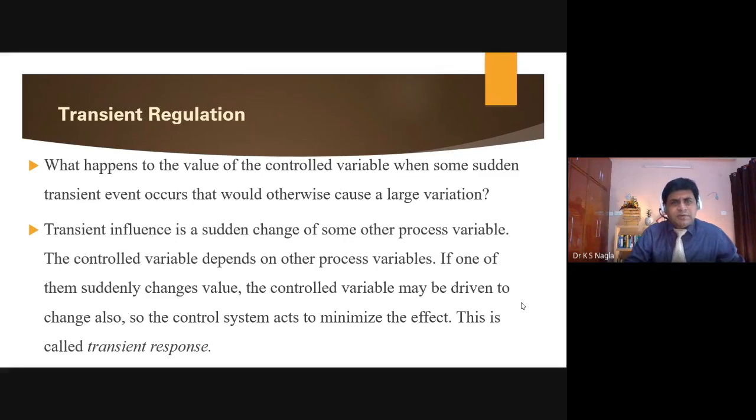Similarly, transient regulation is also required. What happens to the value of the controlled variable when some sudden transient event occurs that would otherwise cause a large variation? If you are controlling a process, you may suddenly change the set point. Initially assume you were controlling the temperature of a bath, and the set point was 70 degrees centigrade.